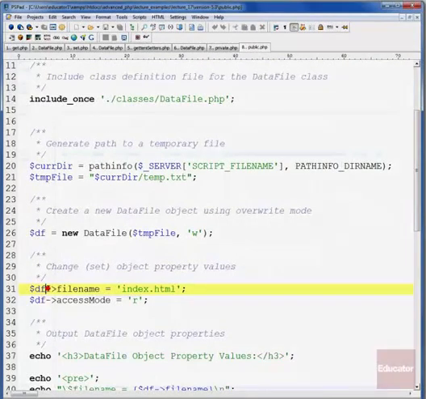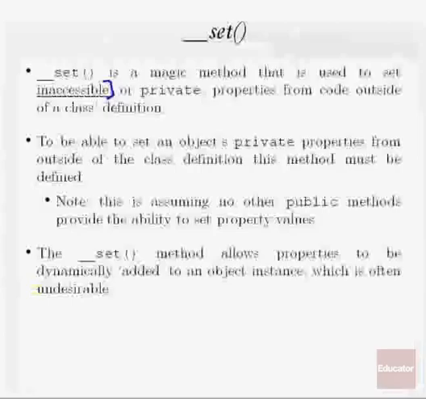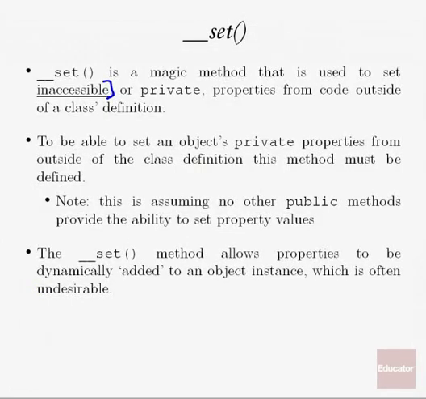When we tried to set private properties before, it worked when they were public, but it doesn't work when they're private. Well, this set method is going to allow us to change that.